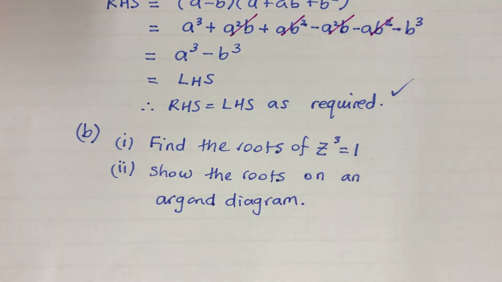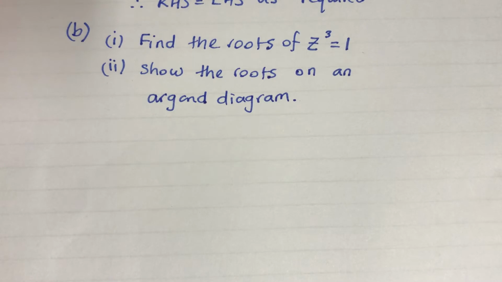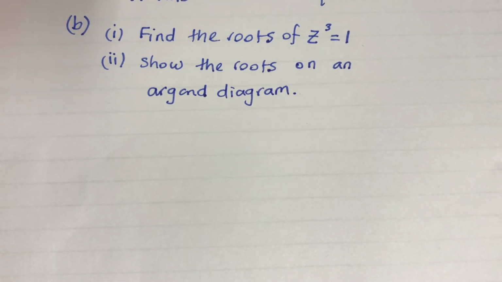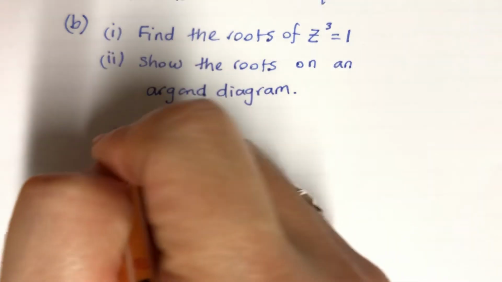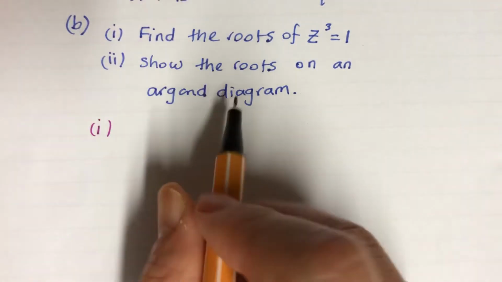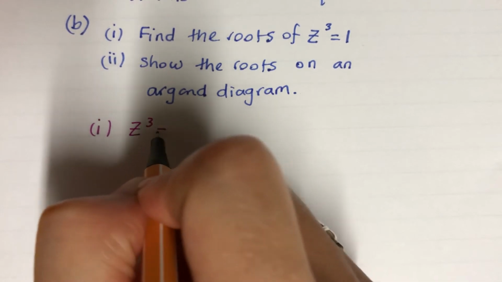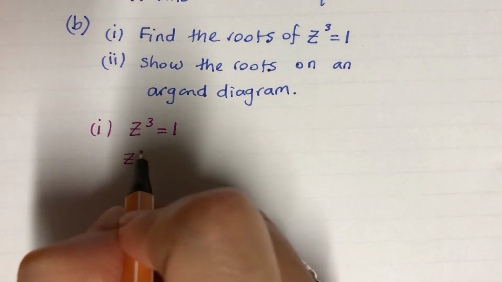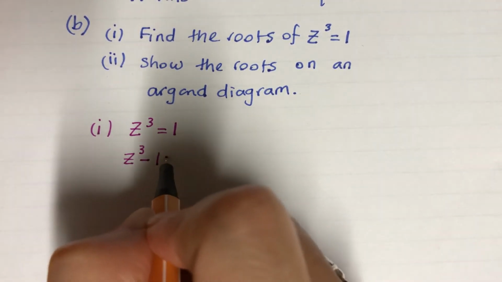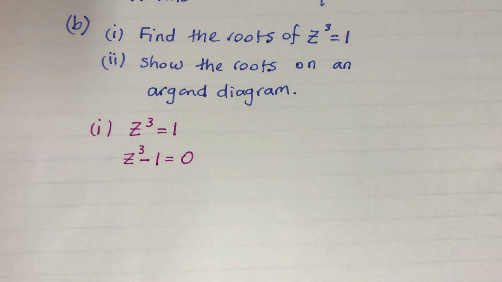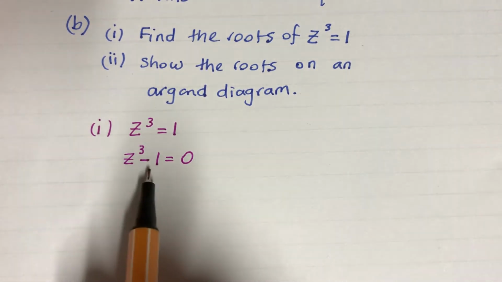So what I'm going to do is the first one. The first one is to find the roots of z cubed equals 1. I'm going to make this an equation with a 0 on the side. And what's this one?